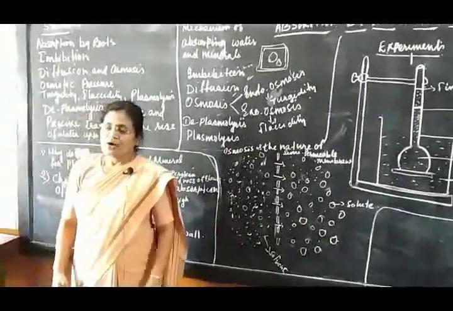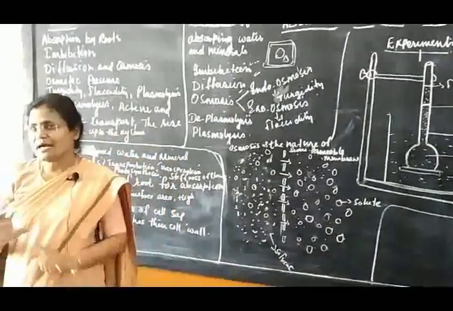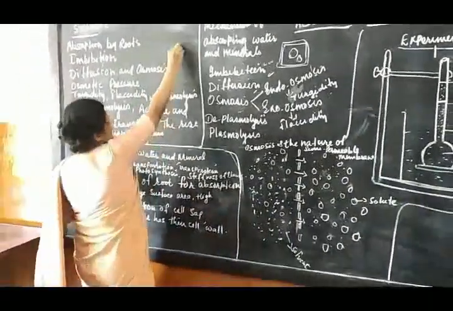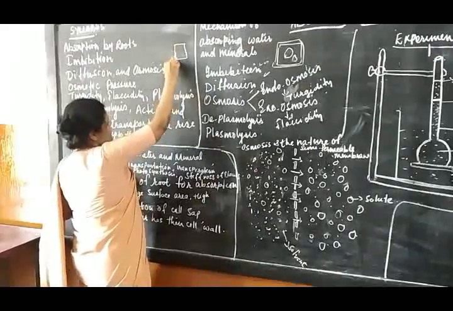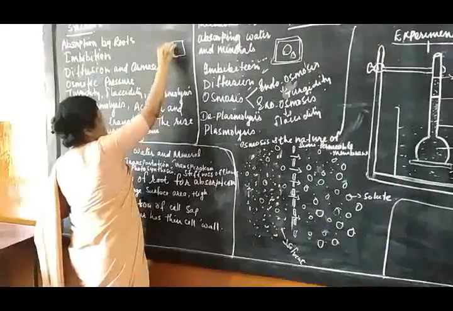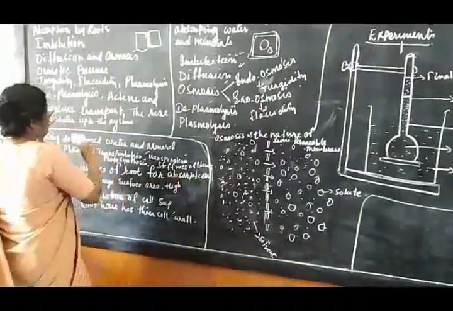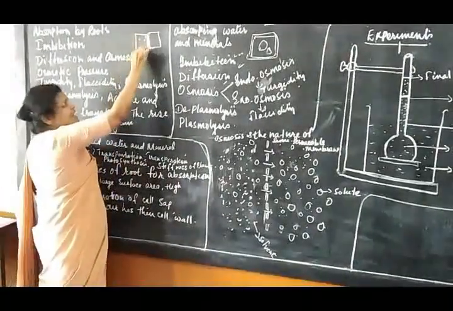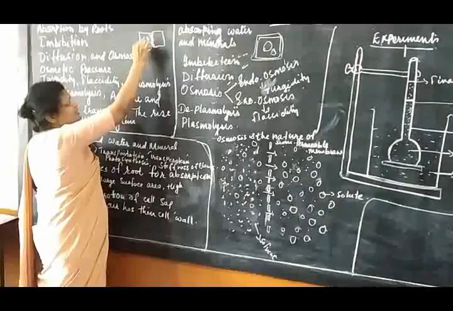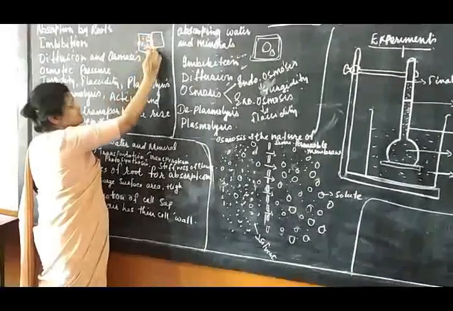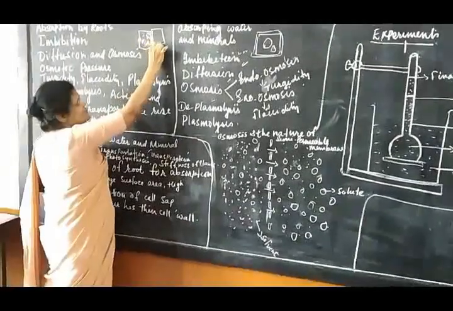Now, normally, imagine a cell. One cell you have here, another cell you have here. Now, you have plenty of water here. This cell is full, it's in a turgid state. This does not have so much.